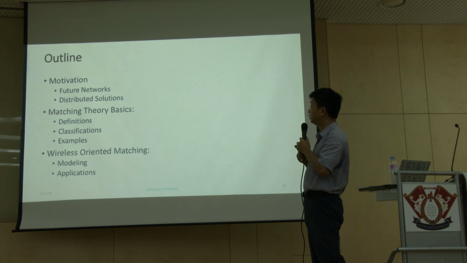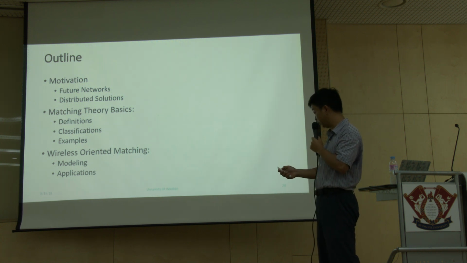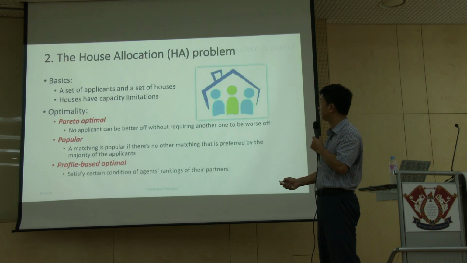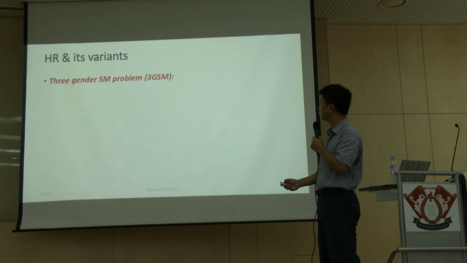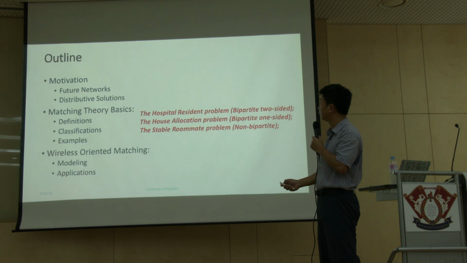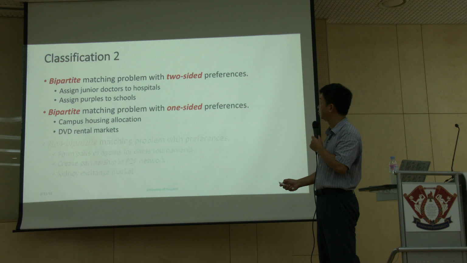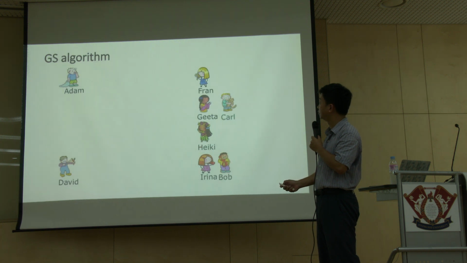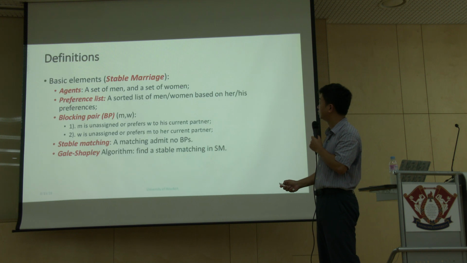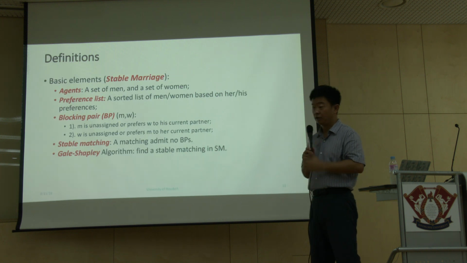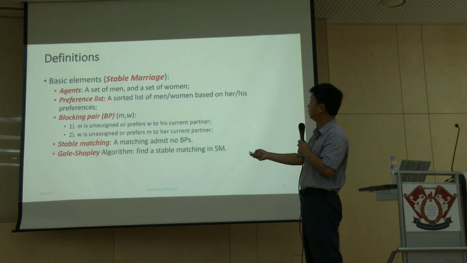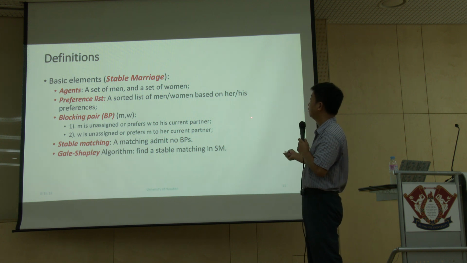Let me recap a little bit. In order to define the game, you need to define the agents, typically two-sided or one-sided, and then you have a preference list.